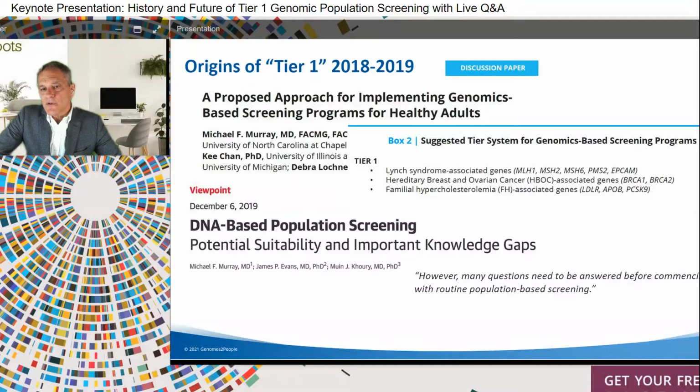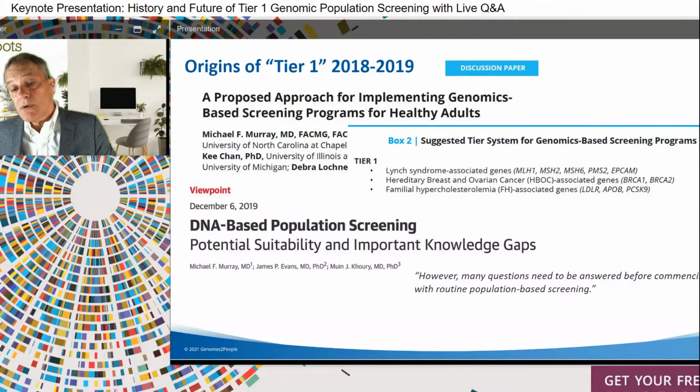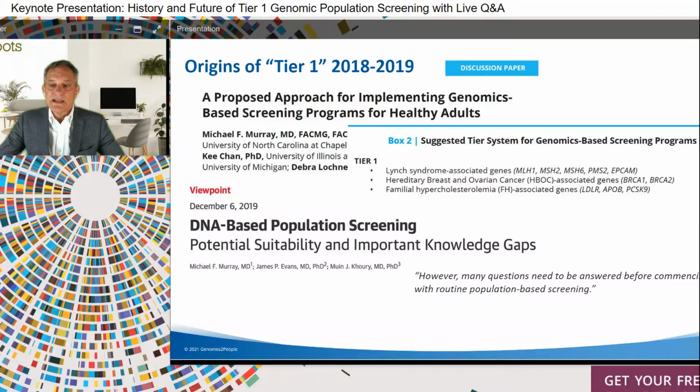Now, however, they're referring to them in a new way. The CDC never suggested and never promoted these conditions for population screening. But when Mike Murray wrote this article up here, and then Mike and Jim and Muin wrote a follow-up viewpoint, basically making the same points, they cited these conditions as natural first steps for anybody considering population screening.